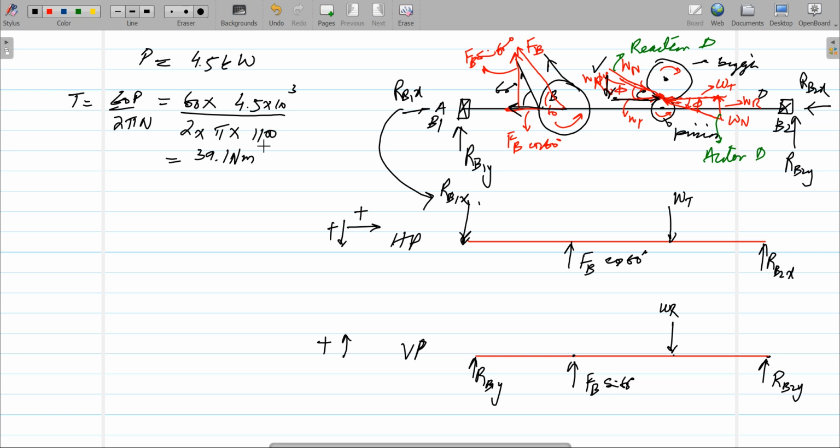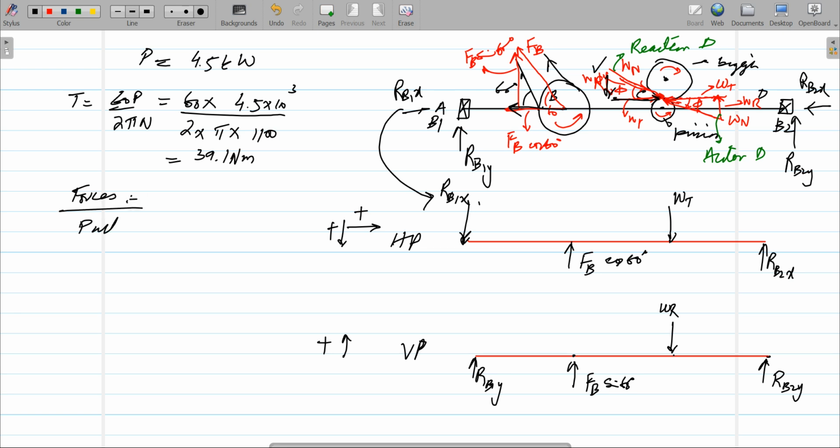So the torque on this shaft is 39.1, and you have to remember that this torque is at every point on the shaft, at the gear, at the pulley, everywhere on the shaft the torque will be 39.1 Newton meter.